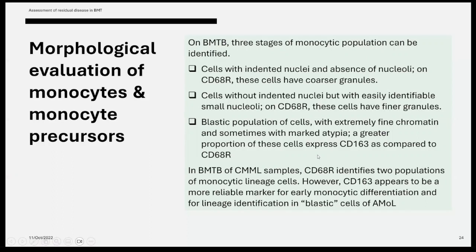So in the trephine biopsy of CMML samples, CD68 will identify 2 populations of monocytic lineage. CD163 appears to be a more reliable marker for early monocytic differentiation and for lineage identification in blastic cells of AMoL.